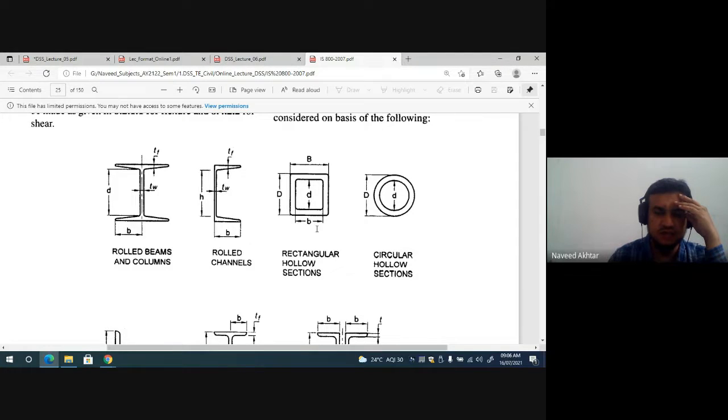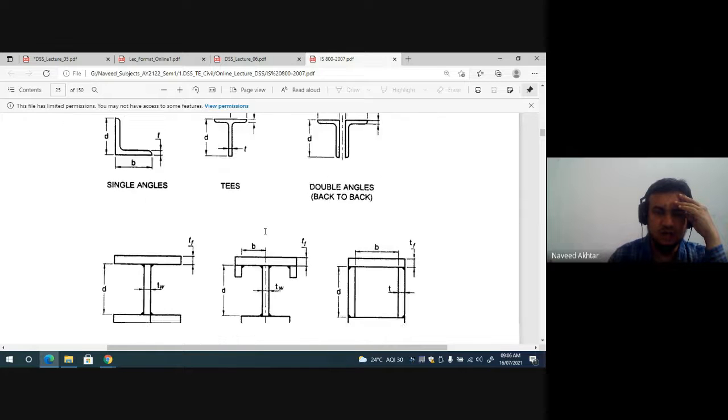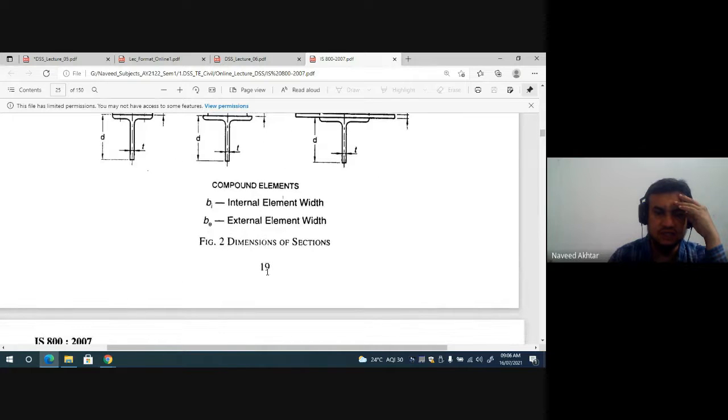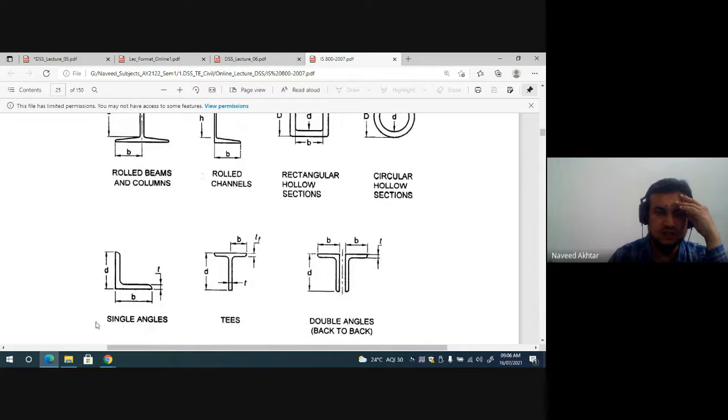All these details, the dimensions of the section, are given on page number 19 of IS 800.